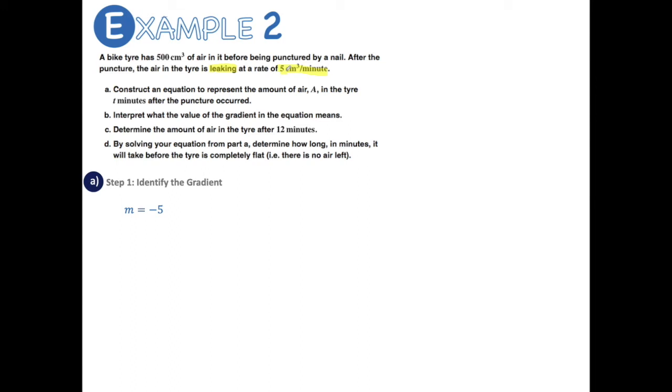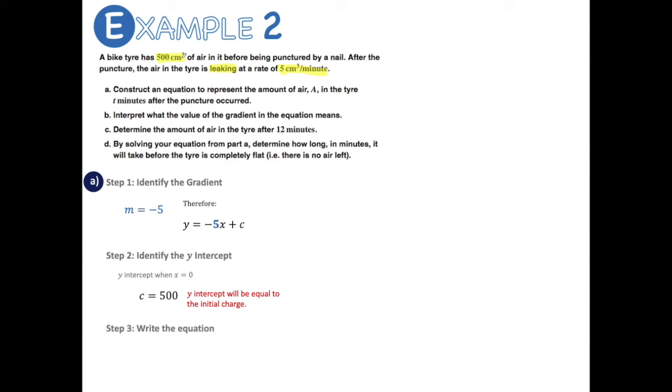The second step is going to be to look for my y-intercept. My y-intercept is going to be the initial amount. So how much am I starting off with in my tire? That is 500 cubic centimeters. So my c value, my y-intercept value, is going to be 500. So now I can put that information together and write an equation for step 3.